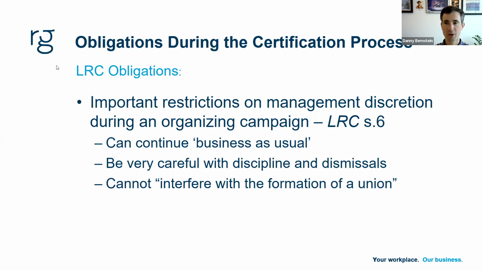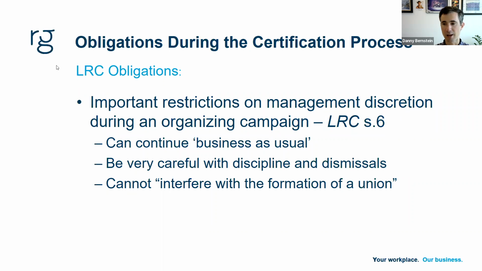What the code says very broadly is employers cannot interfere with the formation of a union. So very broad restrictions. You can't actively try and prevent the union from organizing, but there are caveats to what a union can do too, and we'll get to that in terms of the scope of what a union can actually do.